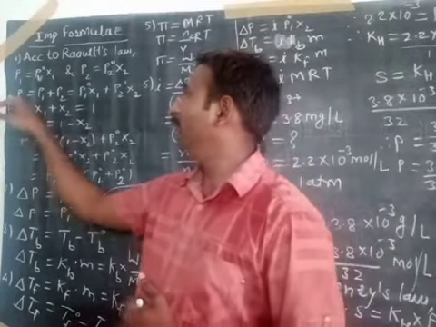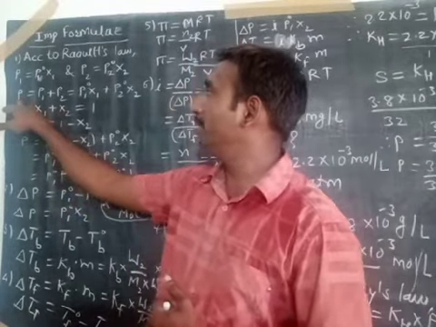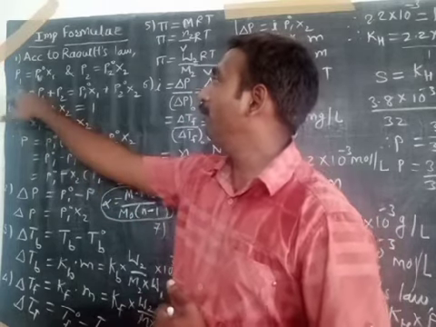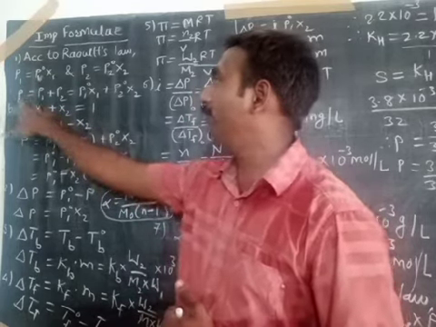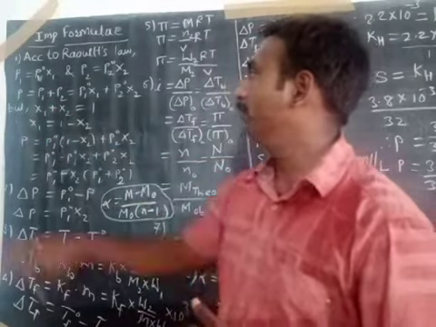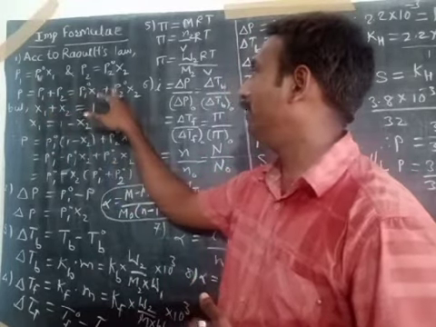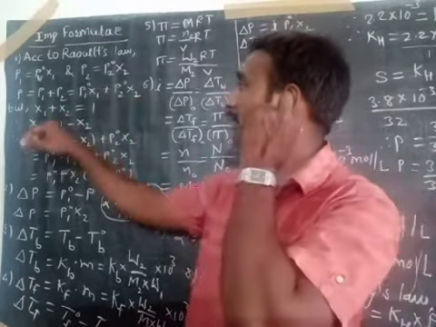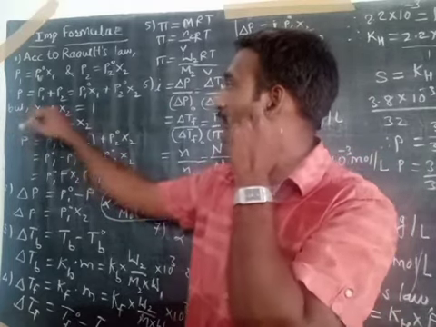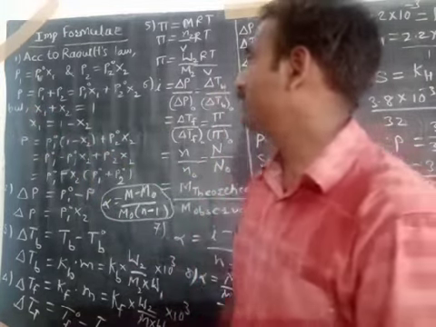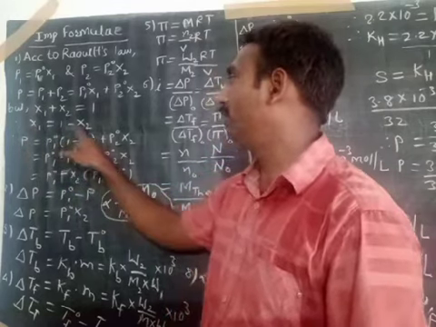For the solution, the vapor pressure can be written as the sum of the partial vapor pressures. That's why P is equal to P1 plus P2, where P1 is P01 x1 and P2 is P02 x2. But the sum of the mole fractions x1 plus x2 is equal to 1, so we can write x1 is equal to 1 minus x2.